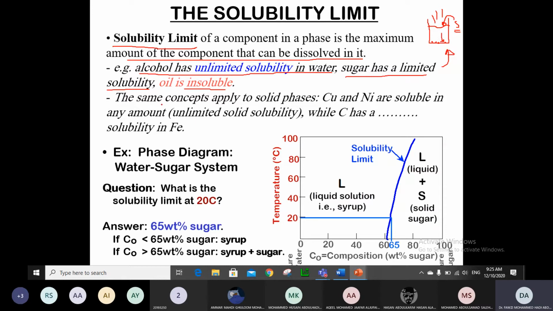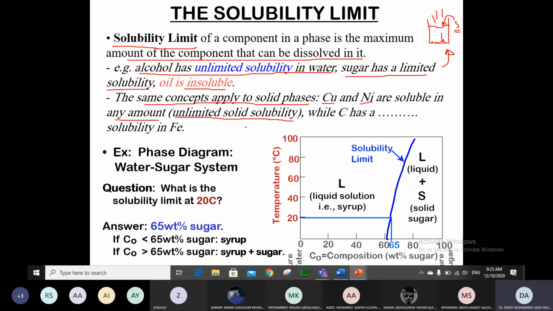The same concepts also apply in the solid phases. For example, the famous copper and nickel system, which has these two components, is soluble at any amount, and this is what we refer to as unlimited solid solubility.